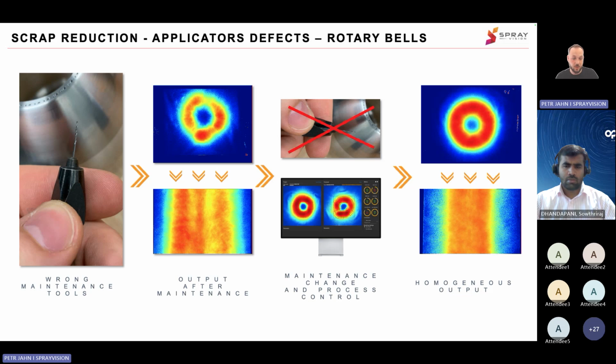Basically you are not cleaning, you are destroying the applicator. Again, with SprayVision, we are able to detect the defective output, and you can even set what the good period for maintenance will be. Maybe you can observe that you don't need to do it 2-3 times per day, maybe just once a day.